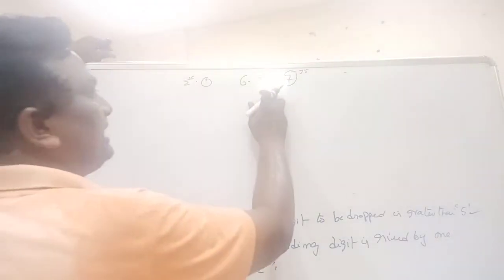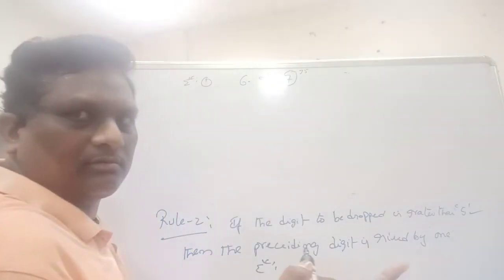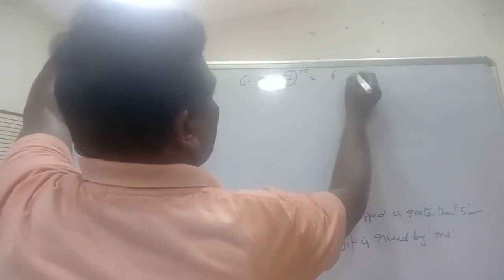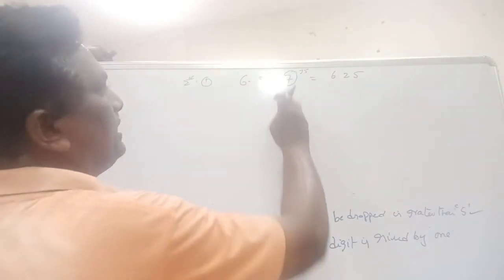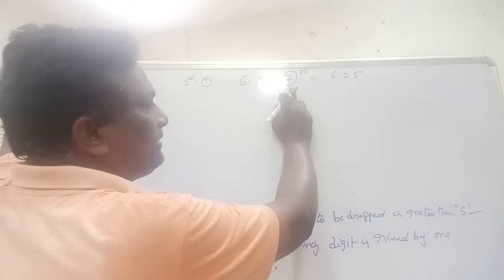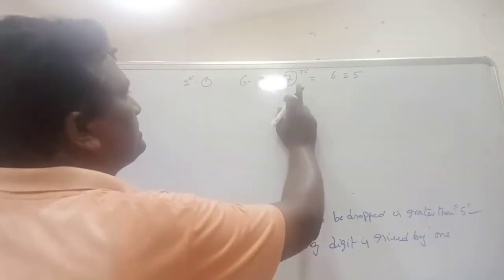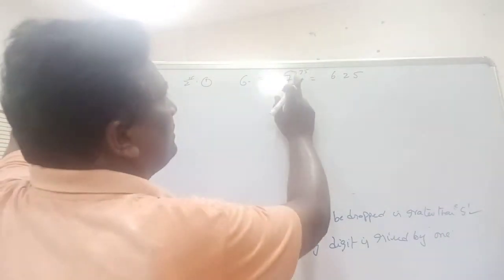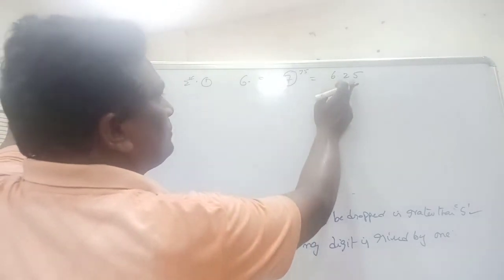So the preceding digit, 4, is raised by 1, which means the answer is 6.25. I'll repeat: if the digit to be dropped is greater than 5, then the preceding digit is raised by 1. So 7 is dropped, and the preceding digit is raised by 1, giving 6.25.